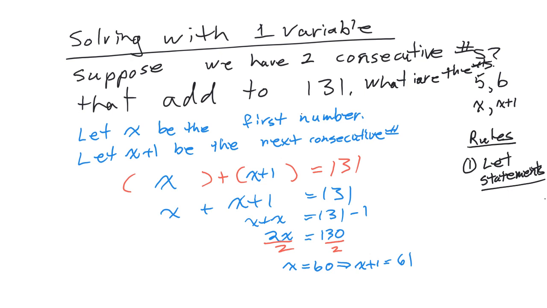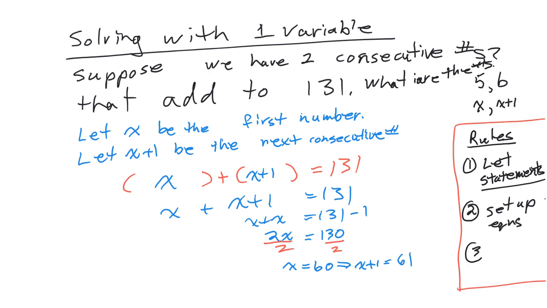Okay. Now, you'll notice that I never finished my rules here. For my rules, one, we set up our variables, two, we set up our equations, and three, we find our numbers.